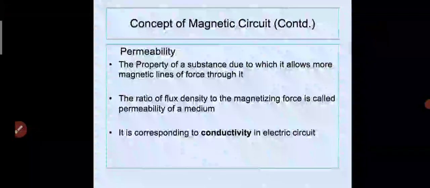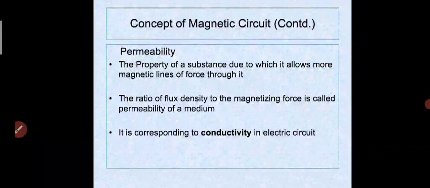The ratio of flux density to the magnetizing force is called permeability of a medium. Next point, it is corresponding to conductivity in an electric circuit.